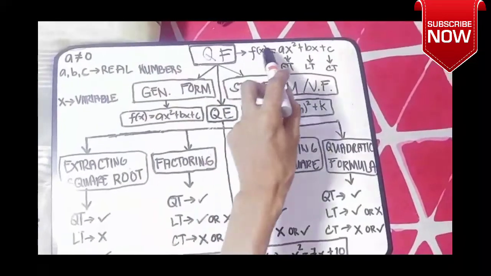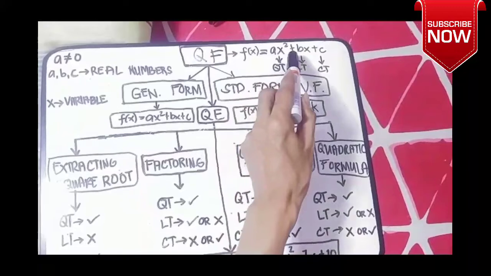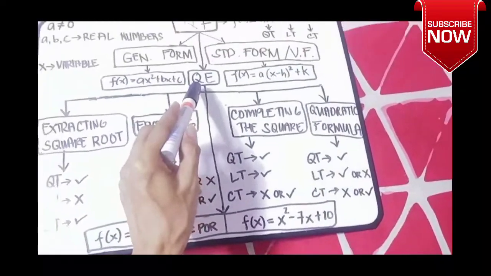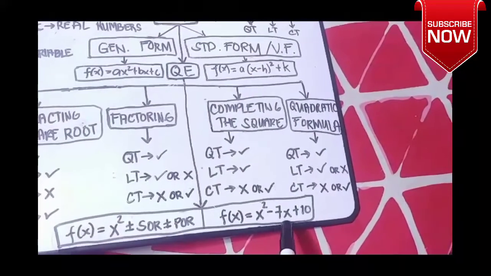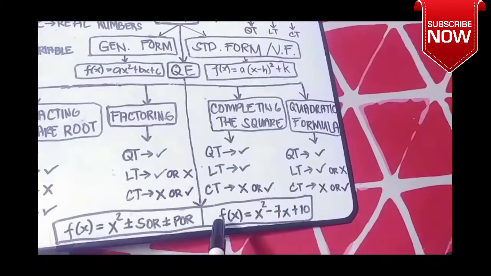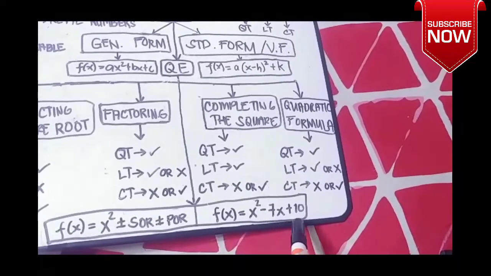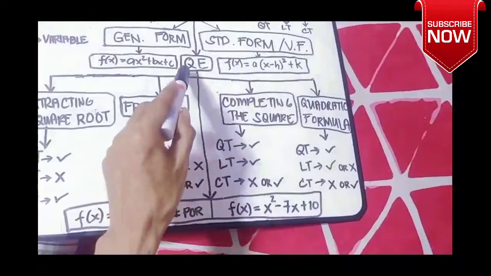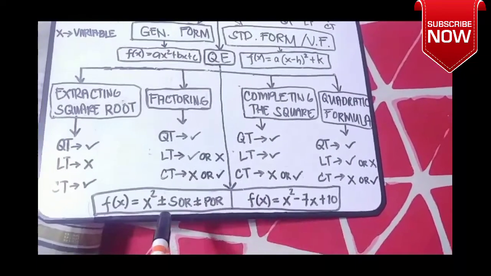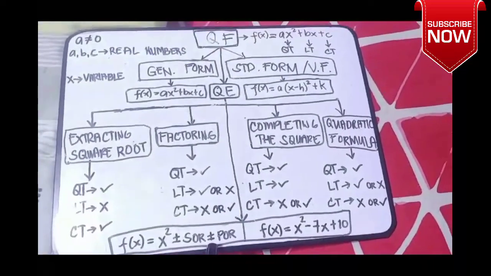Quadratic functions only contain symbols or letters like ax squared plus bx plus c, while a quadratic equation involves numbers like negative 7 and positive 10. So the equation f of x is equal to x squared minus 7x plus 10 can be considered as a quadratic equation, where negative 7 is our sum of the roots and positive 10 is our product of the roots.